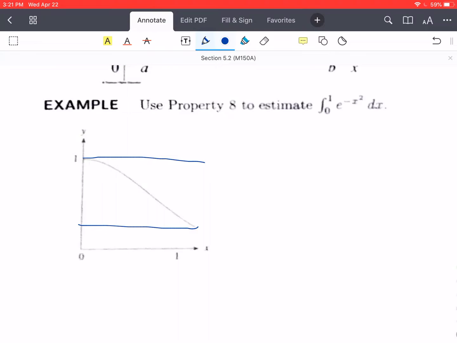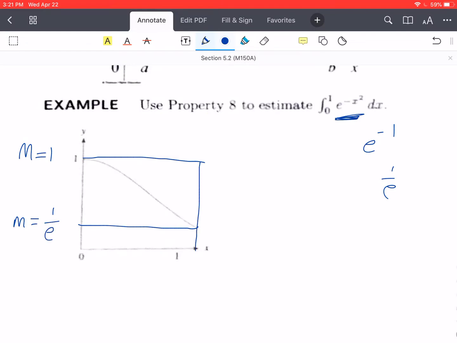We know that e to the 0 is 1, so we're just going to use big M is 1. Little m: this is using e to the negative x squared, so at 1 that would be e to the negative 1, so that's 1 over e. So little m is going to be 1 over e.